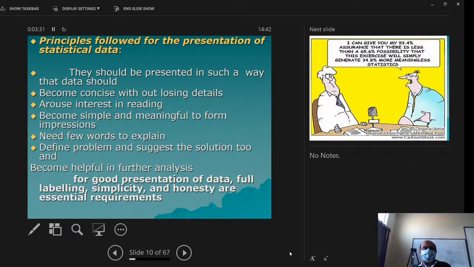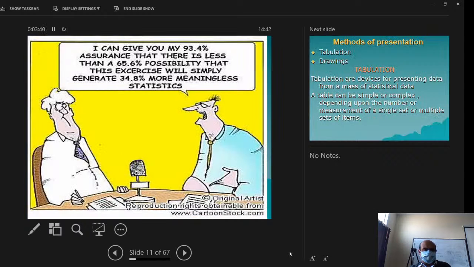For good presentation of the data, full labeling, simplicity and honesty are the essential requirements.